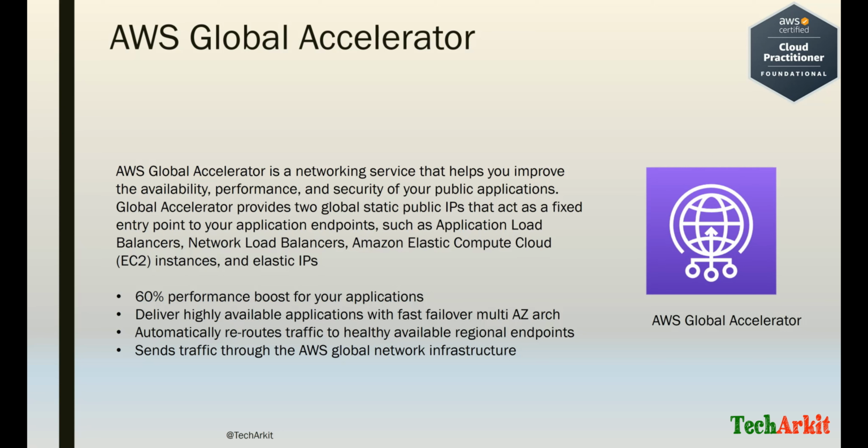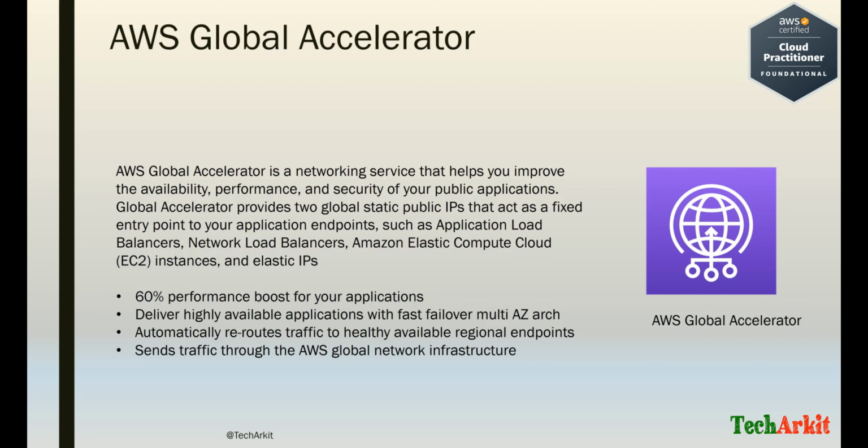60% performance boost for your application. Whenever you publish your applications through AWS Global Accelerator, the performance improvement is more than 60% compared to what you get on a regular basis. It delivers highly available applications with fast failover across multiple availability zones.